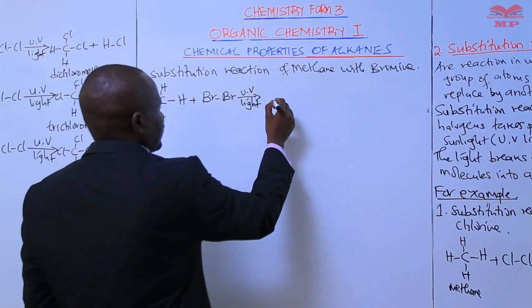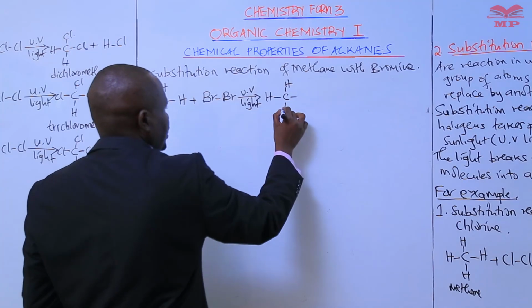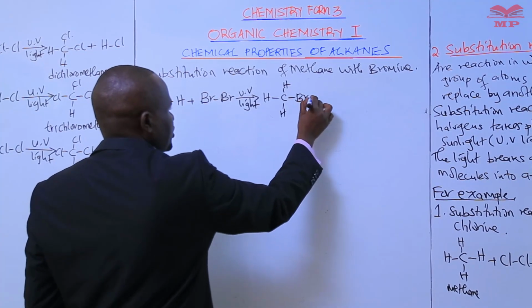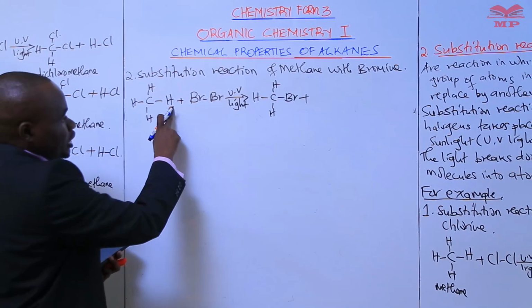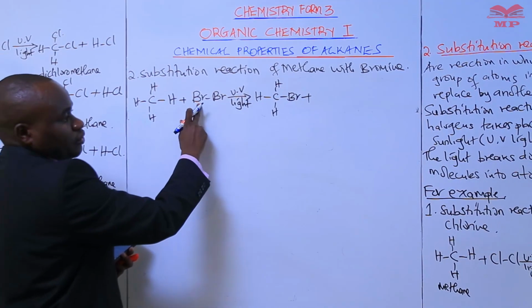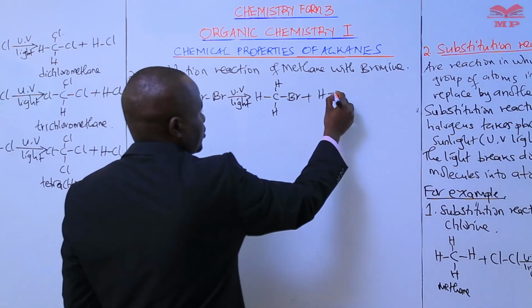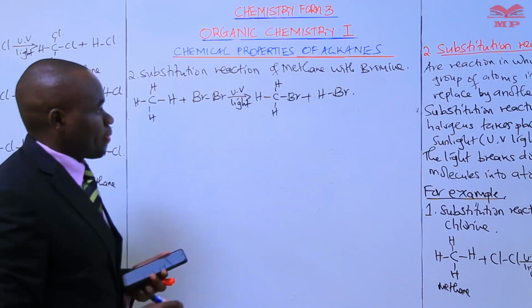So the first hydrogen is substituted by a bromine. So we have substituted the first hydrogen, the one on the extreme right. Then this hydrogen will combine with the remaining bromine. We shall get this product, which is called hydrogen bromide.